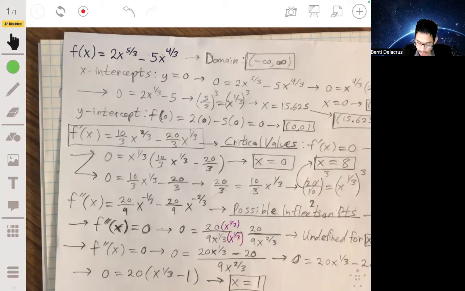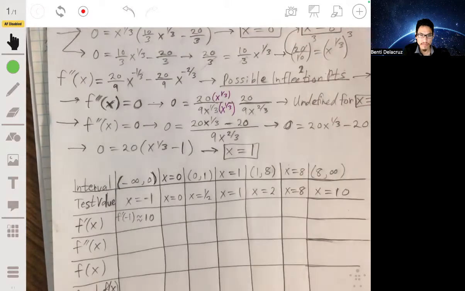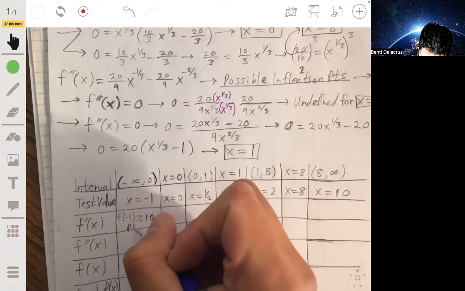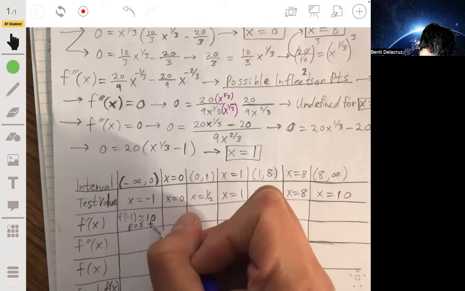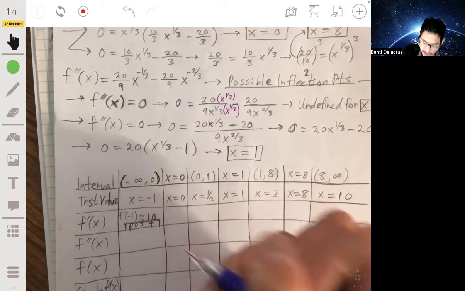I broke the problem up. You get about 3.33 minus a negative, like 6.7, so about 10. And again, what we really care about is the sign. So this is positive. You can do the calculation if it's not too tedious, but we care about the sign mainly.